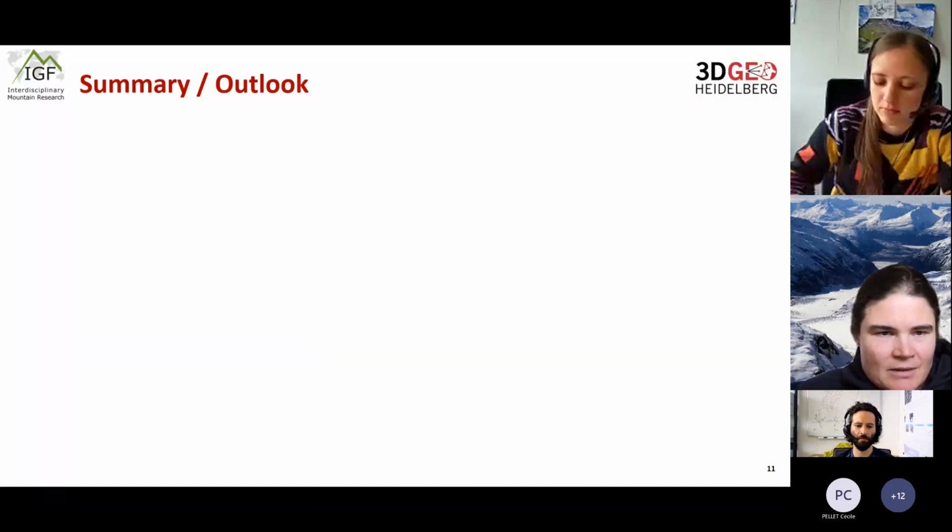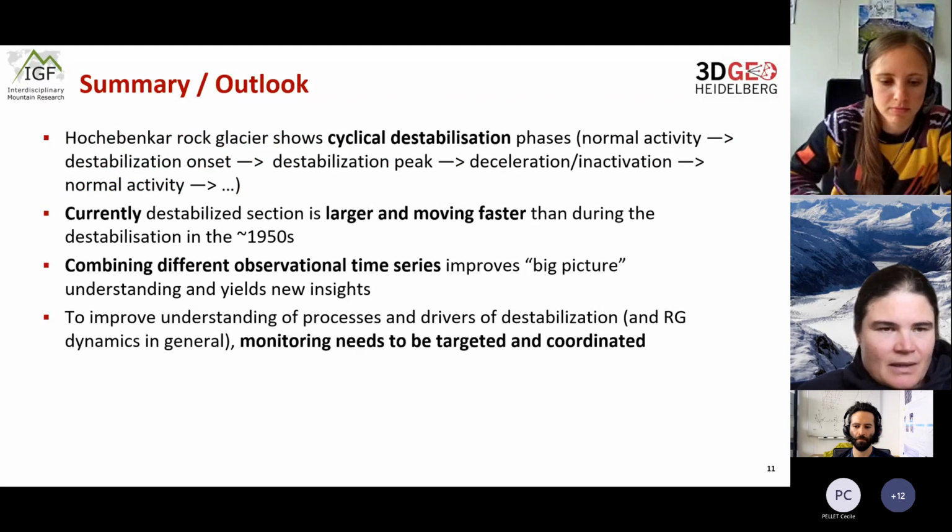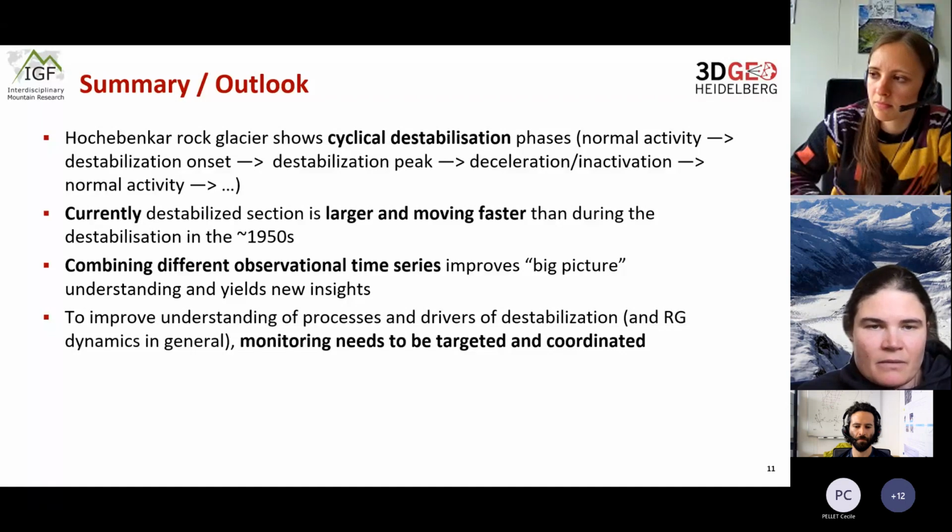Okay, can we see the bullet points? Now to summarize, we see 2 phases of destabilization in this data. This is the longer-term data, more so than the subseasonal monitoring that Vivien does.